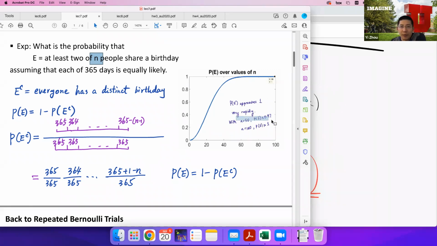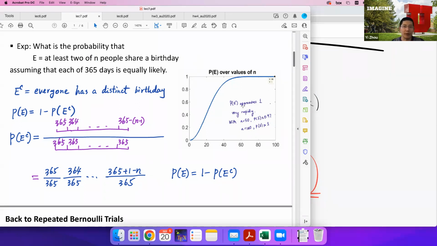So if you have 50 people, then this event may occur with 97% probability. If we have 60 people, or 100 people, it's very, very close to 1. So basically for every 50 persons, most likely there are at least 2 persons that share a birthday.